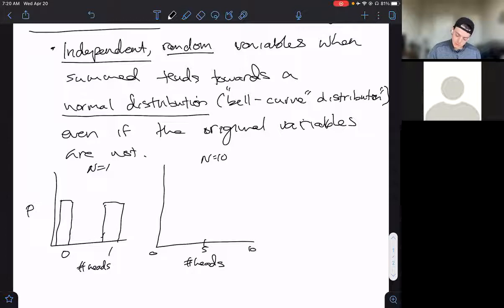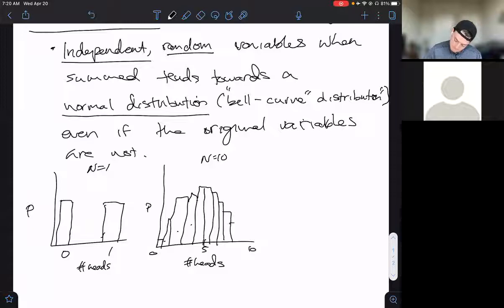We're going to plot the probability still. There's some likelihood of there being 0, 1, 2, 3, 4, 5, 6, 7, 8, 9, and then 10.